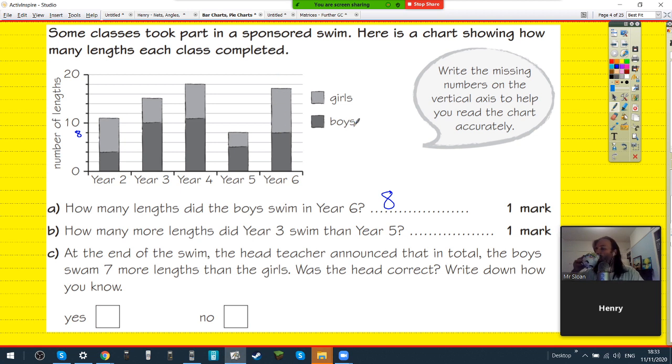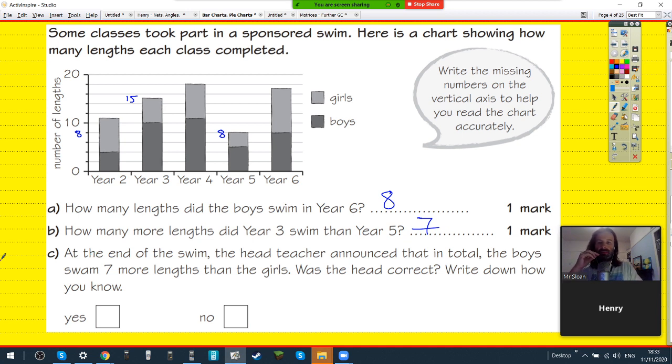How many minutes did year 3 swim in year 5? So year 3 swam 2, 4, 15, and year 5 swam 8. 15 minus 8, 7. Well done.